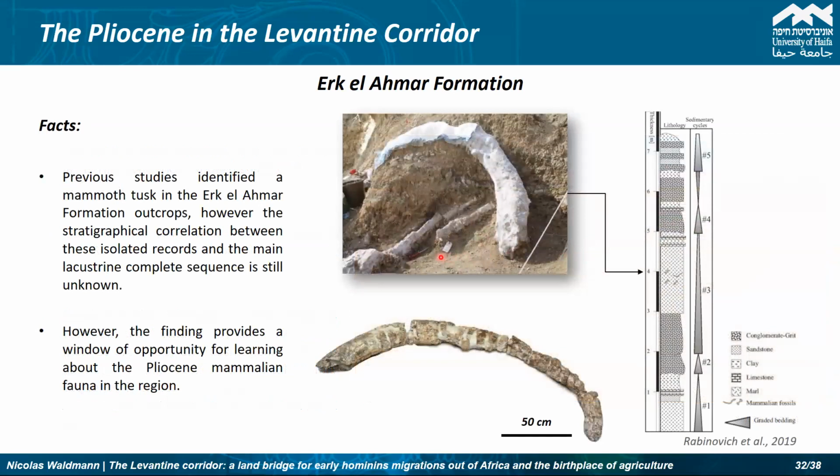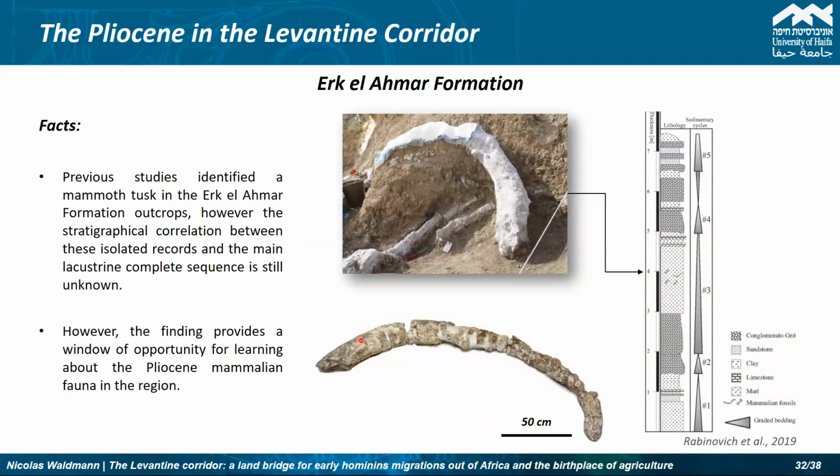Another previous study was done in the area, not on those outcrops. There is a small outcrop, 3.5 kilometers away, which is related, according to the documents, to Erek El Ahmar. They found a mammoth tooth and skull, which you can see here in the pictures.